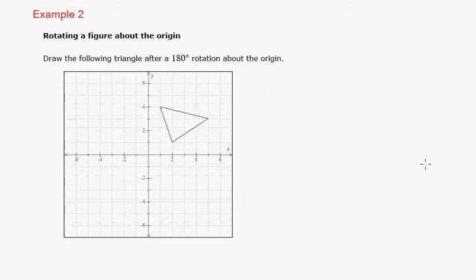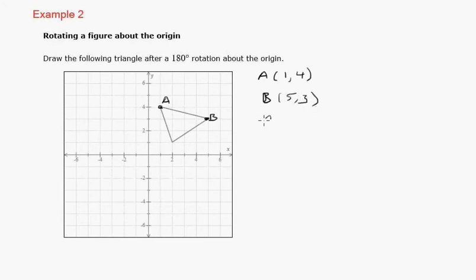Draw the following triangle after a 180-degree rotation. Let's go ahead and label these. Let's call that A. So A is going to be 1, 4, and B, it doesn't matter, just assign that one B. That's going to be 5, 3.